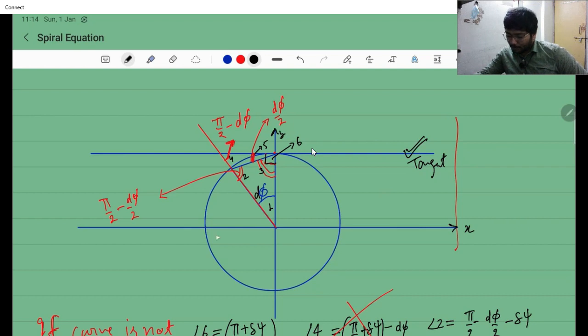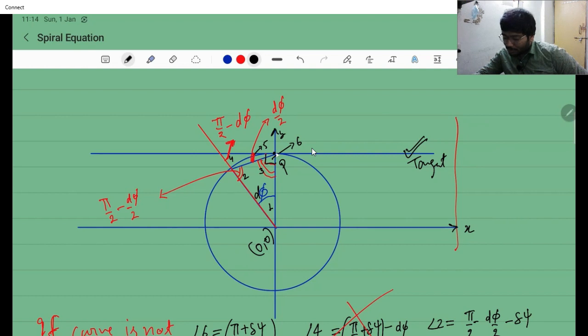See, we have drawn a circle here. This is the origin, and we have also drawn a tangent at a point, suppose this is a point P. At point P, where the circle intersects the y axis, we have drawn a tangent. Since in the case of a circle this tangent makes 90 degrees with the radius vector, here it is making 90 degrees with the y axis.